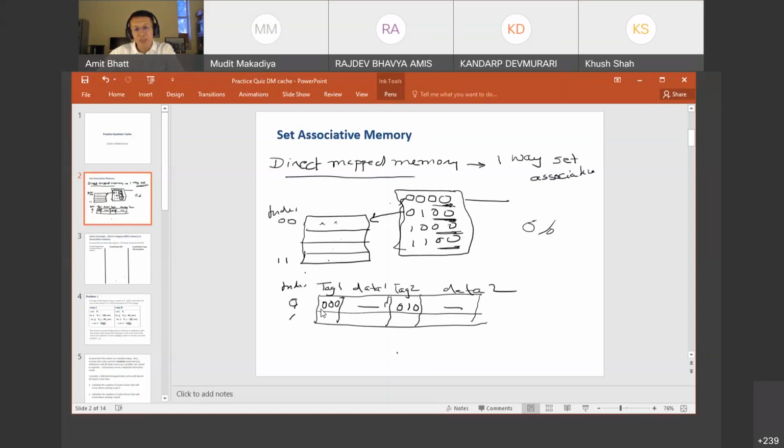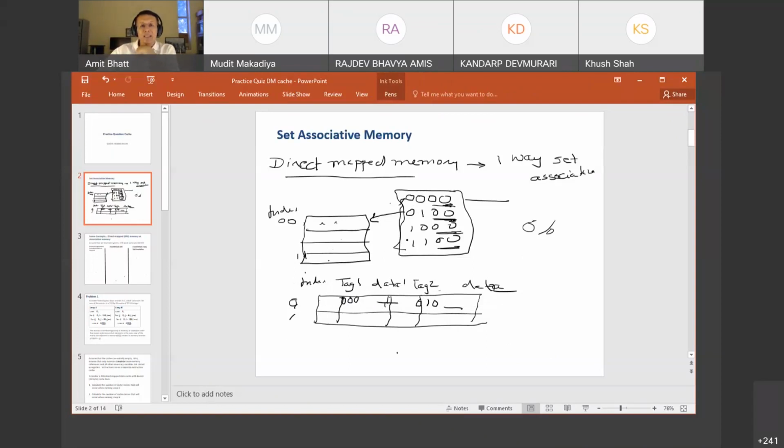So it will kick out this one. Right. So then the third one would want to kick out this one. And then the fourth one, when it comes, the last one, it will kick out this one. So every time, in the loop also, you will get a 100% miss rate.